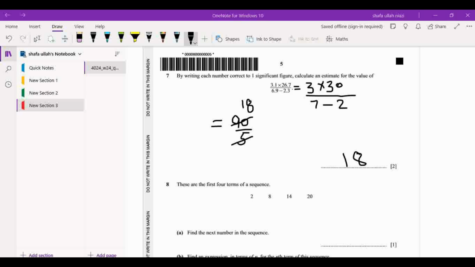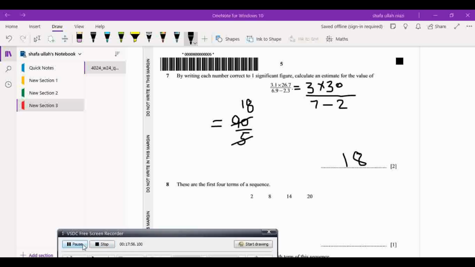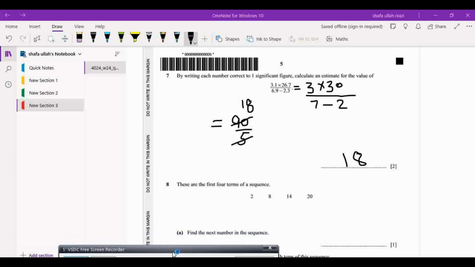Okay. Next is, these are the first four terms of a sequence. Find the next number in the sequence. 2, 8, 14, 20. Here is the pattern.